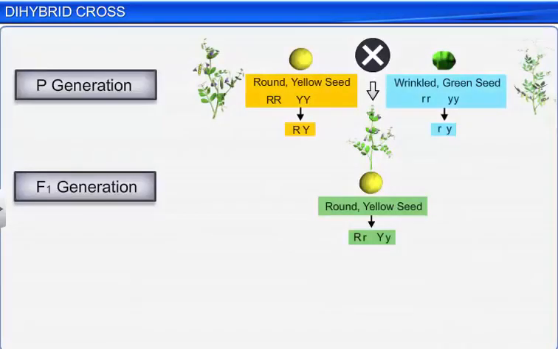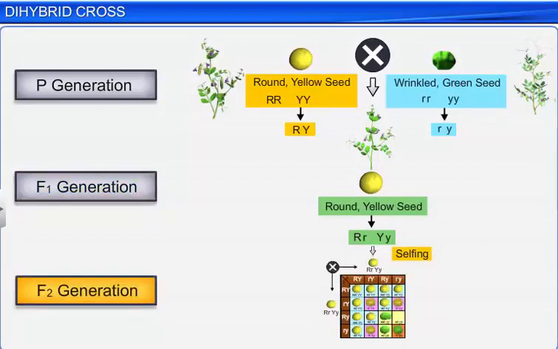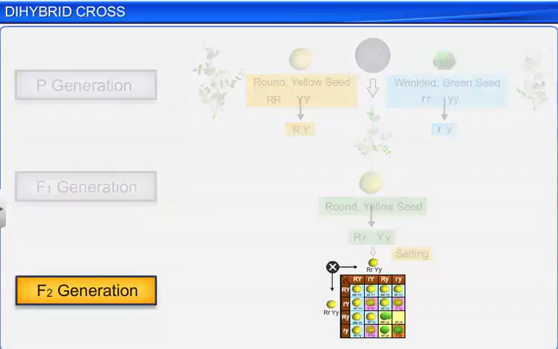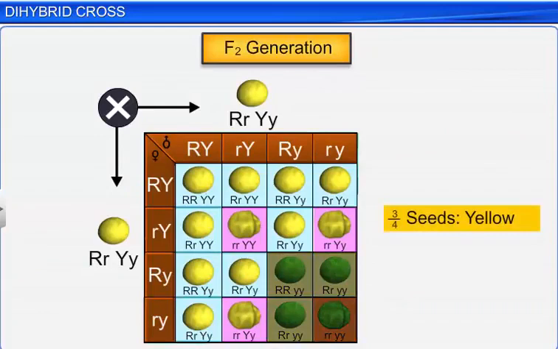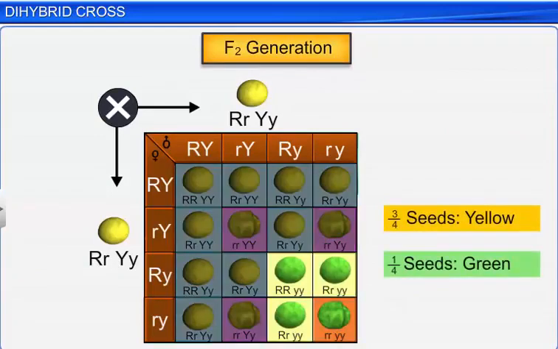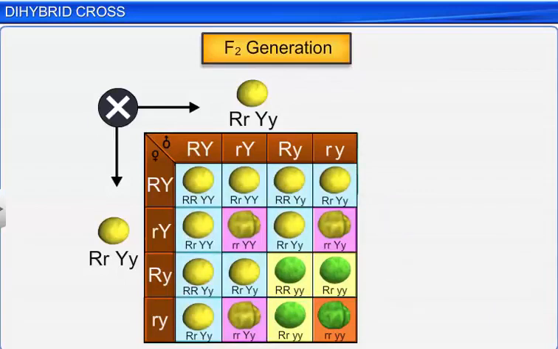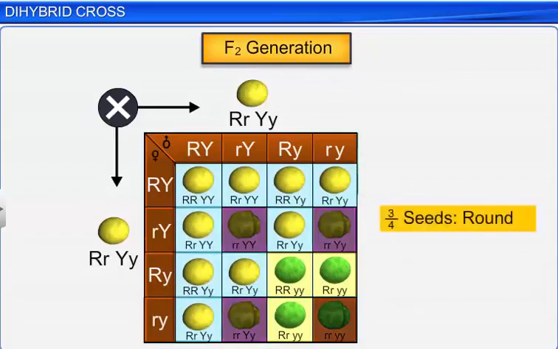Mendel further self-pollinated the plants obtained in the F1 generation to produce F2 generation plants. This time, he found that 3/4 of the seeds were yellow, while 1/4 was green. Similarly, he noticed that 3/4 of the seeds were round, while 1/4 was wrinkled.